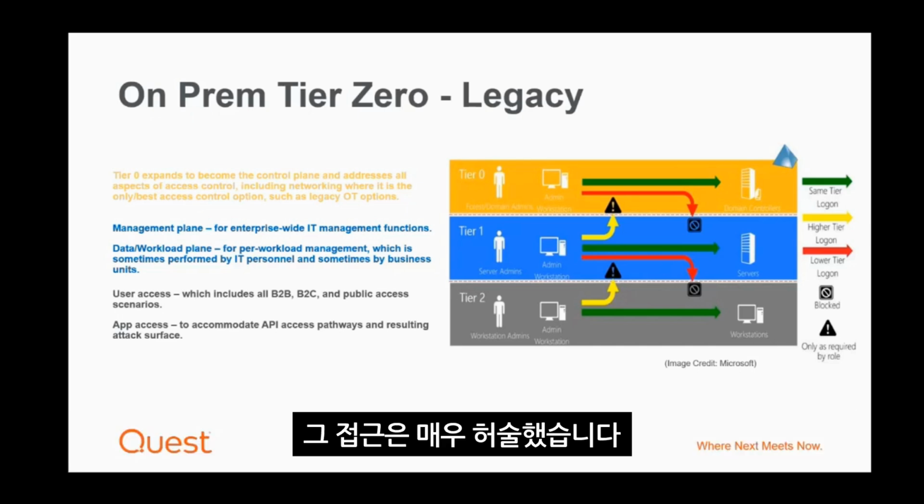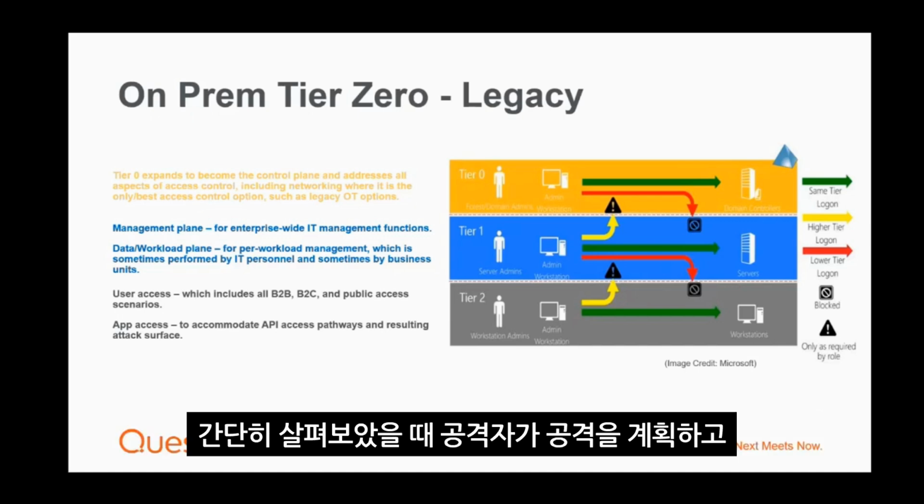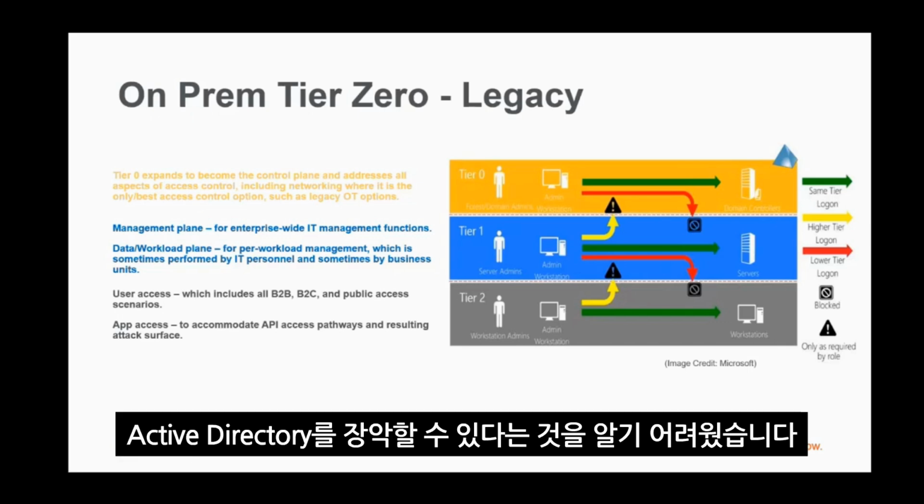However, it was very porous. And with Microsoft's permissions, the way we can put groups within groups, everything got very blurry very quickly. Simply looking at it, you could not figure out that an attacker can plot an attack and take over your Active Directory.